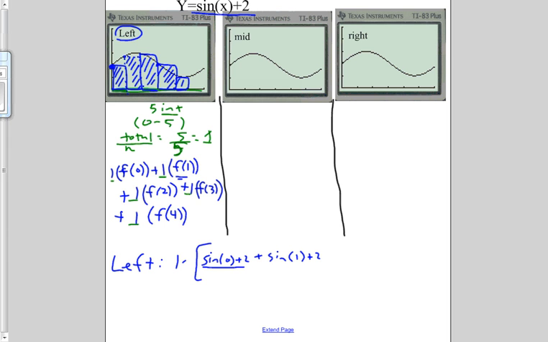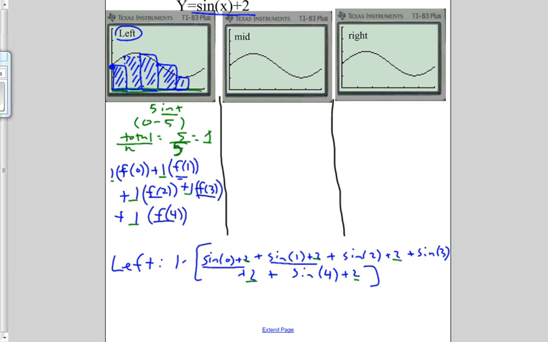So that's f of 0, f of 1, plus f of 2, which is sine of 2 plus 2, plus f of 3, sine of 3 plus 2, and then plus f of 4, sine of 4 plus 2. We've got 1, 2, 3, 4, 5 plus 2's.